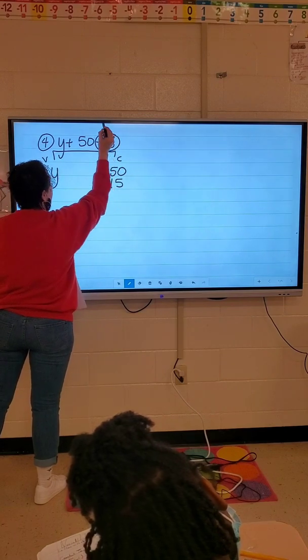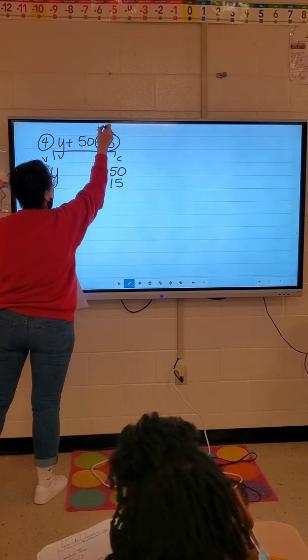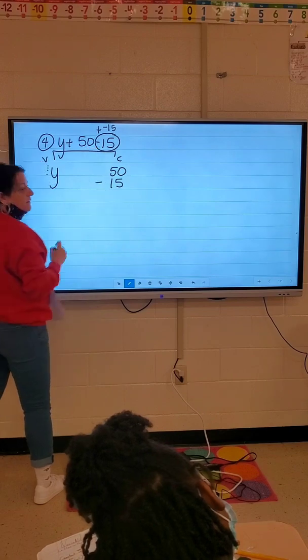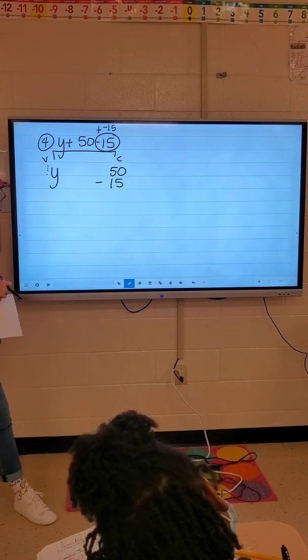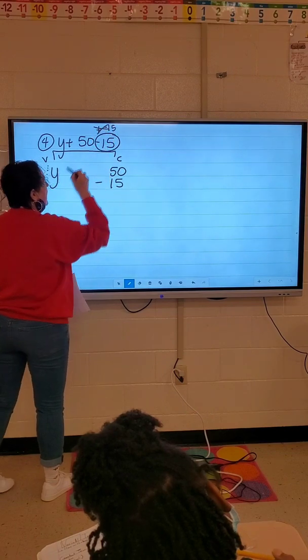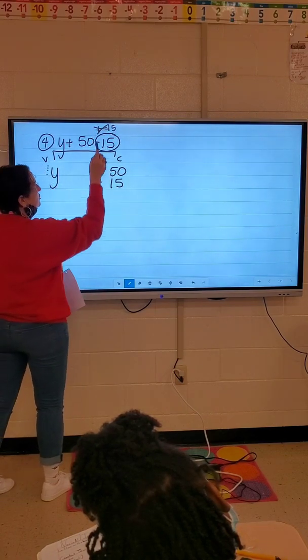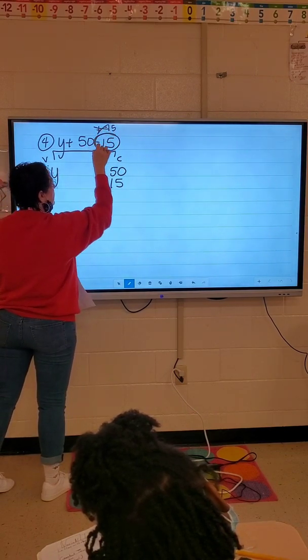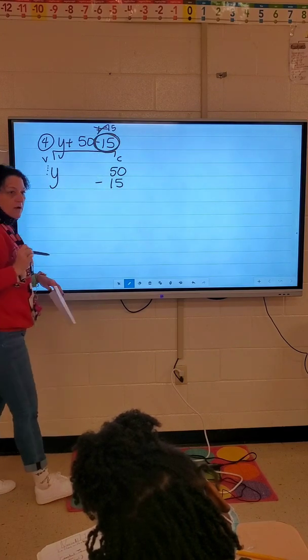This has to lump together because this is really plus a negative 15, but we're not going to keep writing it with 2 signs. We're just going to lump it together like this.